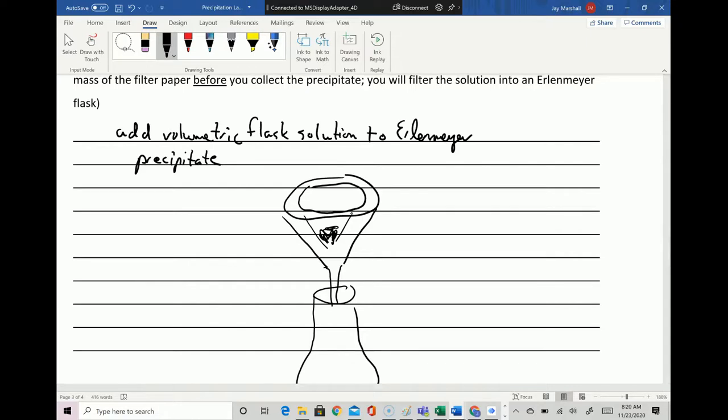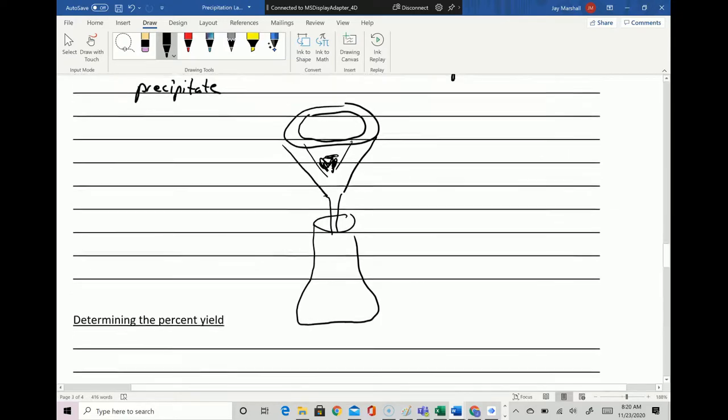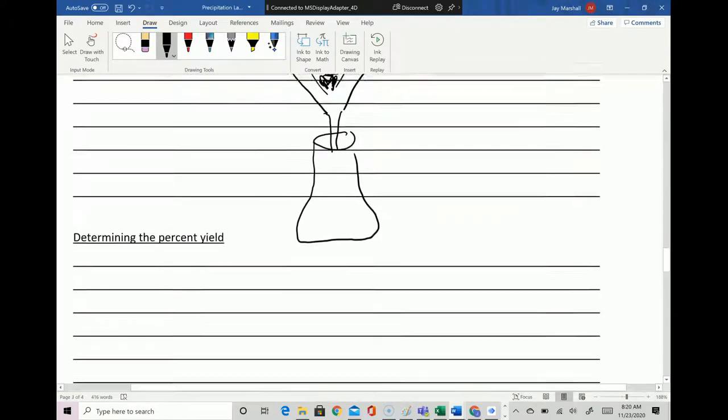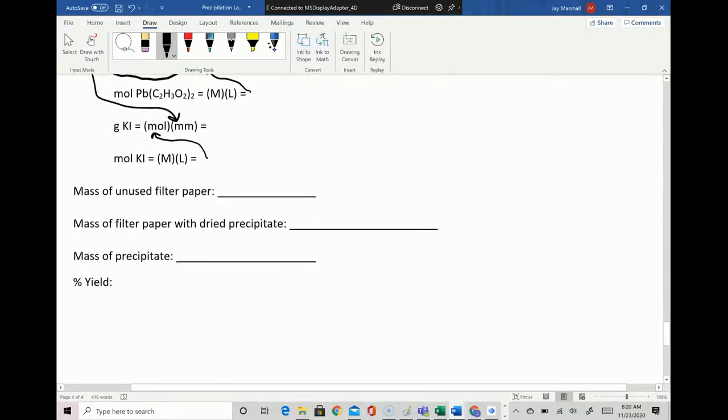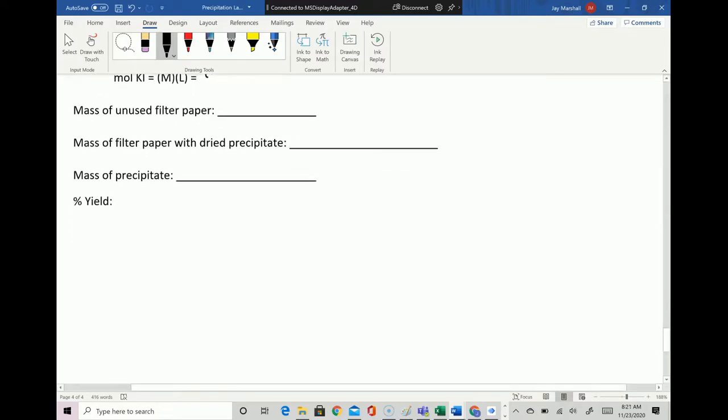It's going to dry for a few minutes, and it shouldn't take real long. Then you're going to take the dried precipitate and mass it again. Okay, and that will give you the mass of the filter paper plus the precipitate. And if you subtract this from that, you'll get the mass of the precipitate.